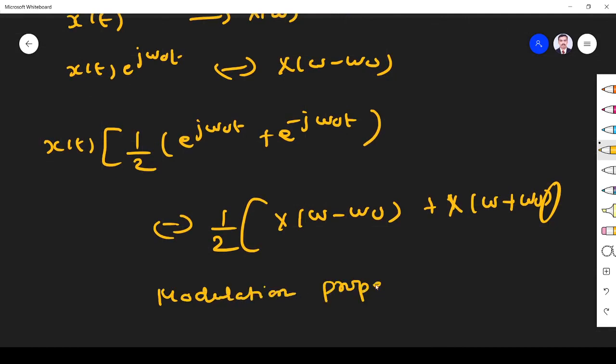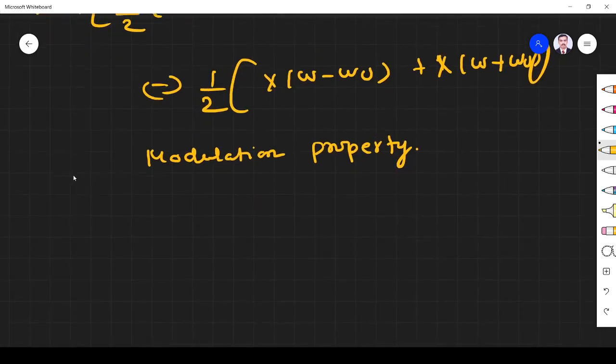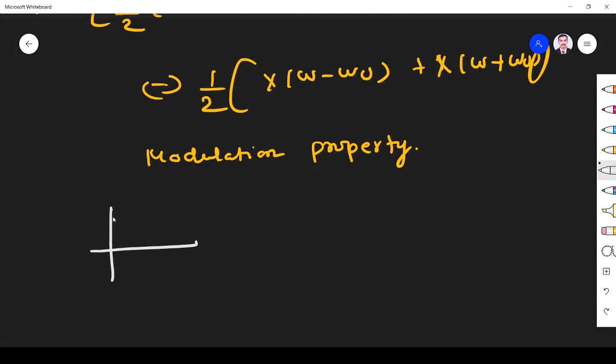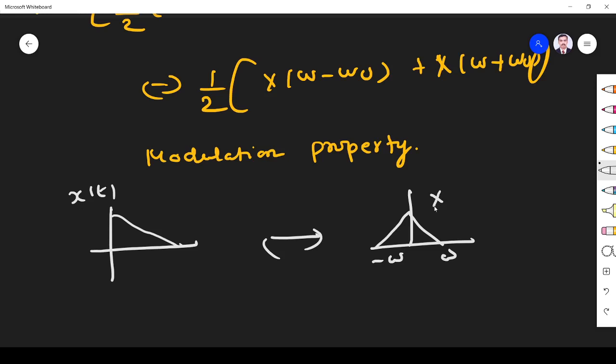You will study modulation in detail in the 4th semester. For now just understand what modulation is. Simple logic: for example, let us assume this is your x of t, and it has a Fourier transform X of omega from minus omega 2 to plus omega 2.